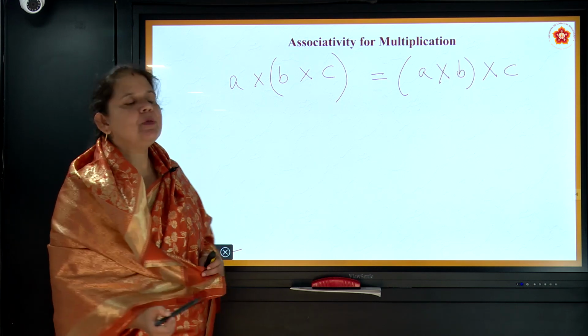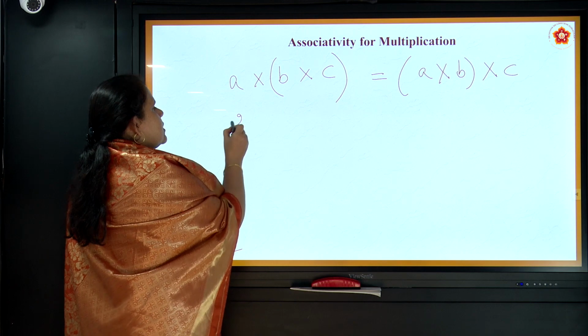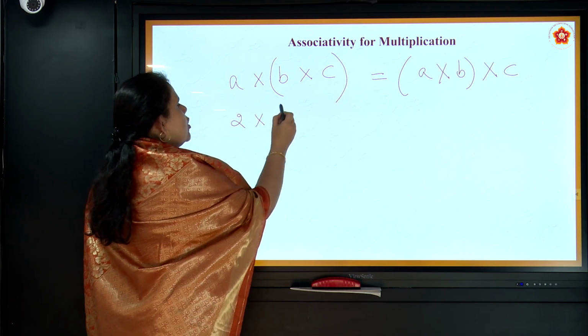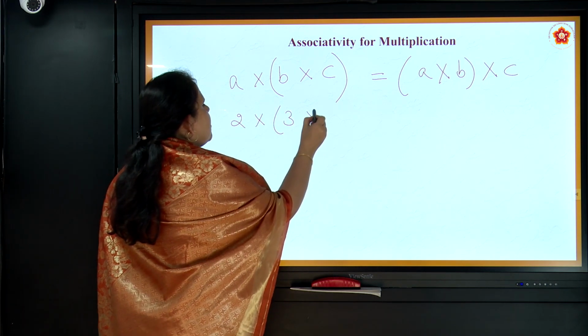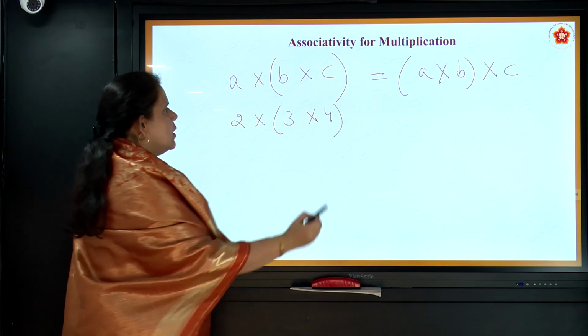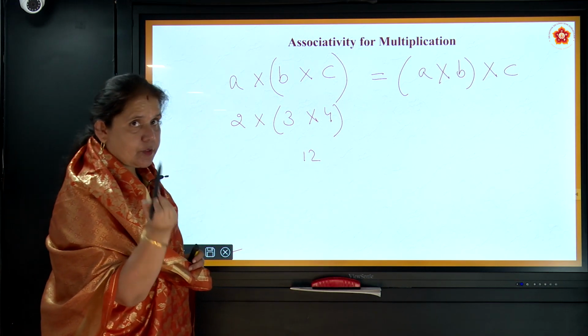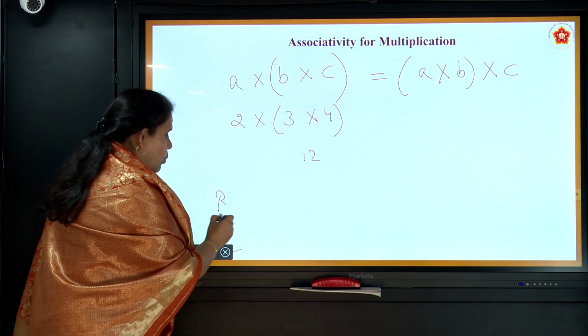Let's take an example to understand it better. I'll take simple positive numbers. 2 multiplied by 3 multiplied by 4. So 3 4s are 12. We first multiply the bracket. Please remember the rule. BODMAS.